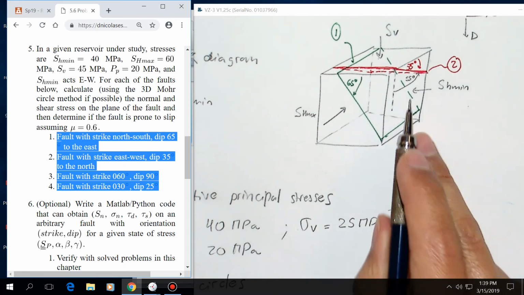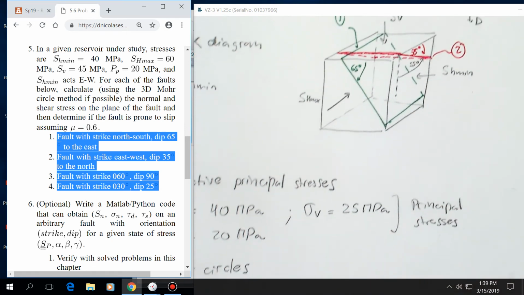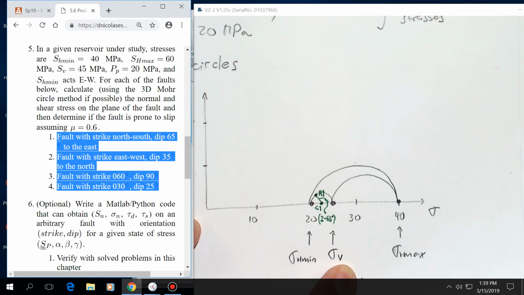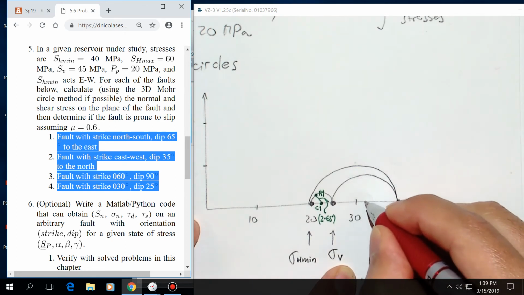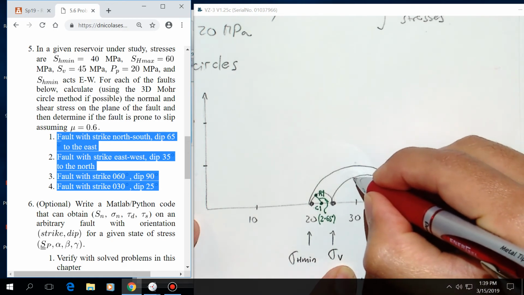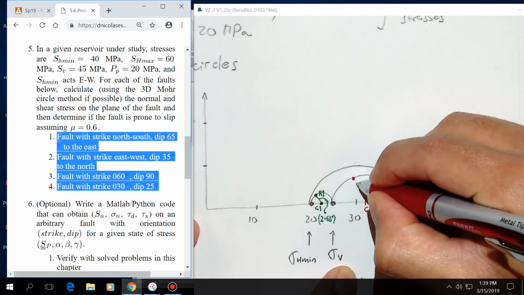So let's take these 55 degrees now to the Mohr circle. 55 degrees times 2, that's going to be 110. So if this is the center of this other circle, 110 is going to be a point somewhere over there.